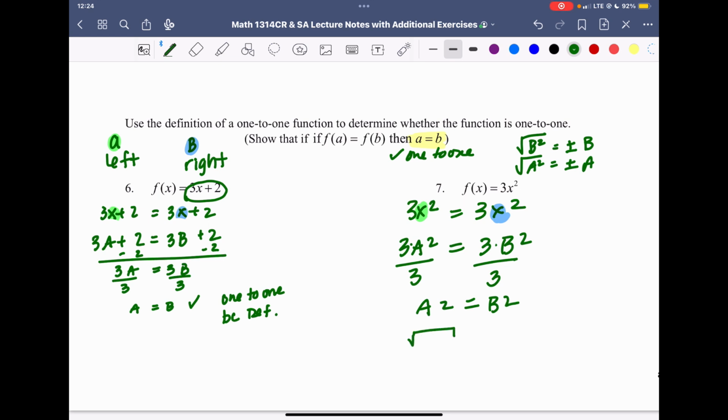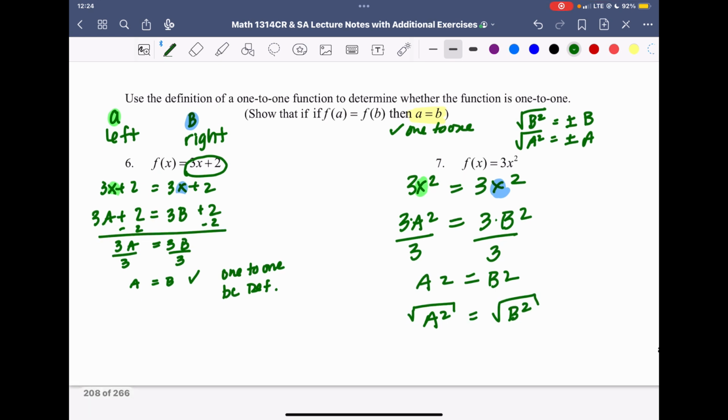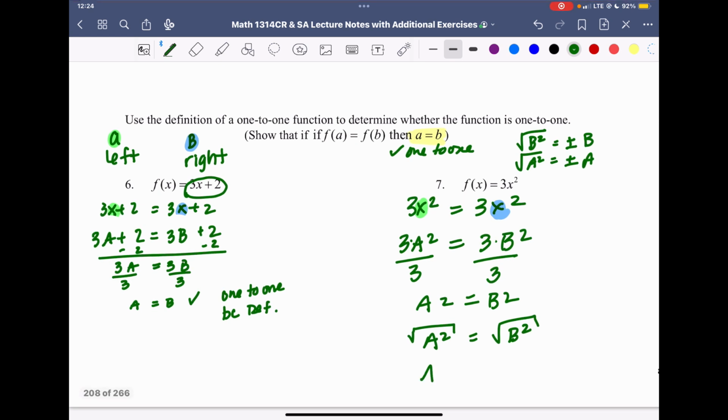Take the square root of both sides because the square root will undo a perfect square. Now, in this case, we're going to say a equals plus and minus b. If you notice, these are both positive. So this is a positive a equals a positive b. This gives me 2 solutions, a negative b and a positive b.